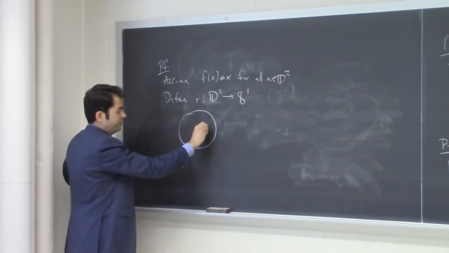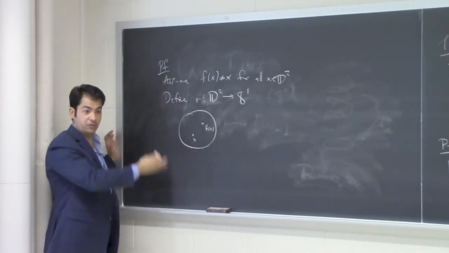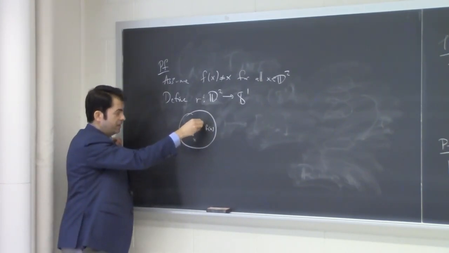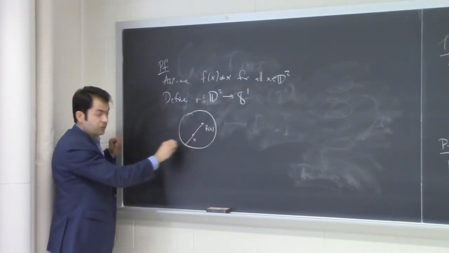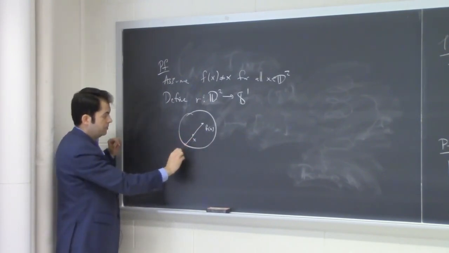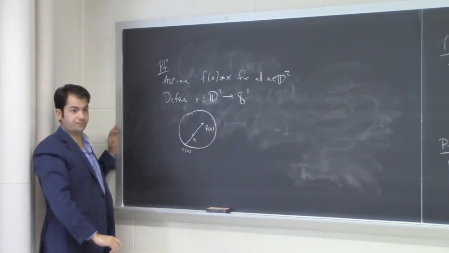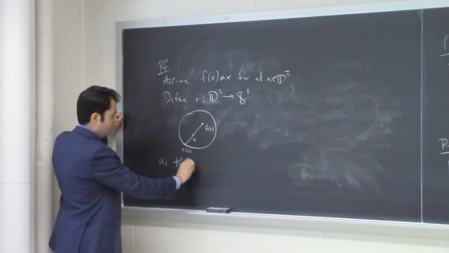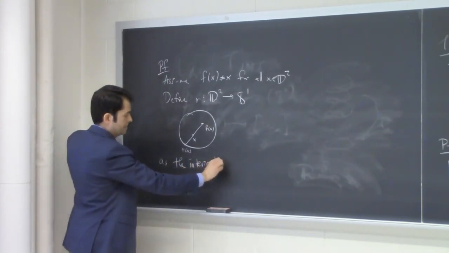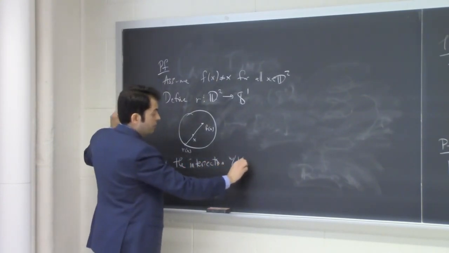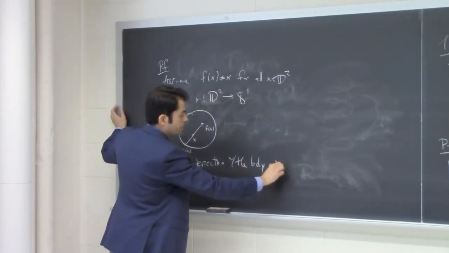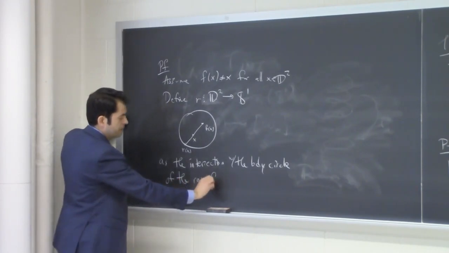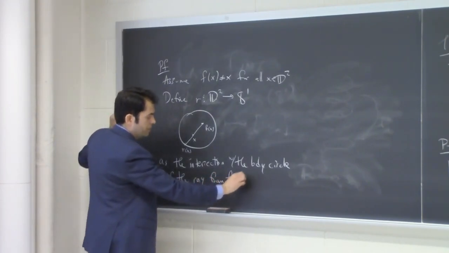You hit it with f, and you land somewhere different necessarily, right? So you're going to look at the ray that begins at f of x, goes through x, and then hits the circle, and call that point R of x. Right? So define R of x as the intersection with the boundary circle of the ray from f of x through x.